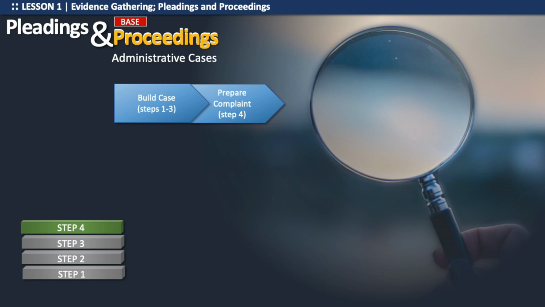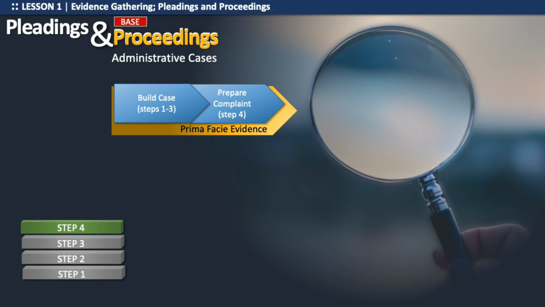Okay, so as we said, before you get to that point, you should have enough building blocks to a point where you've reached that quantum required for administrative cases, which, as we said, is prima facie evidence.